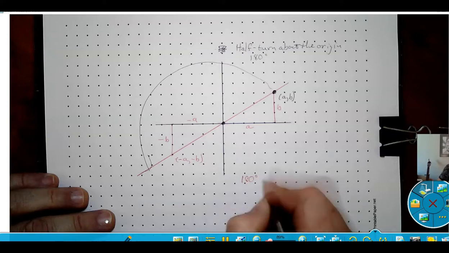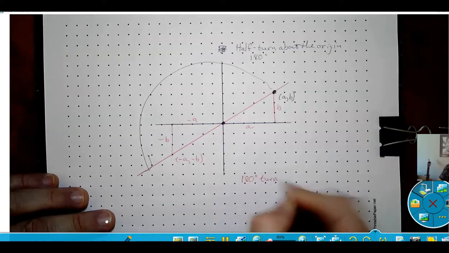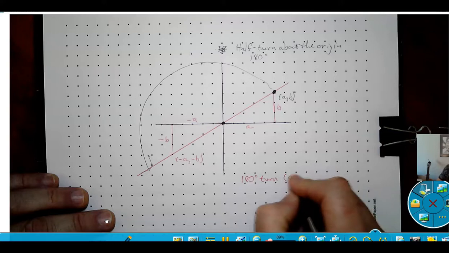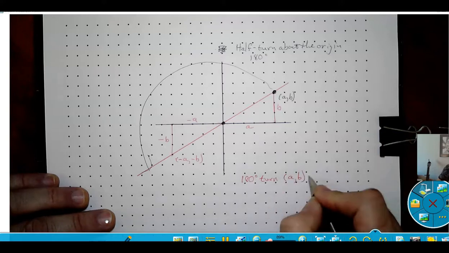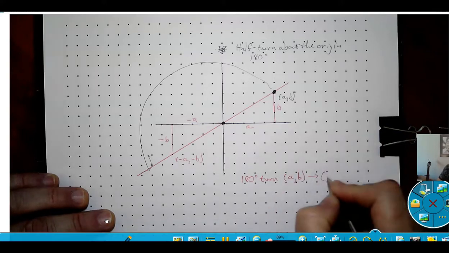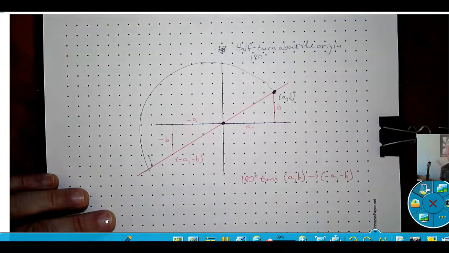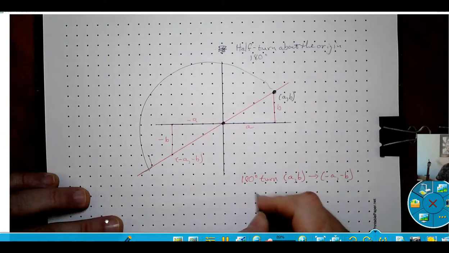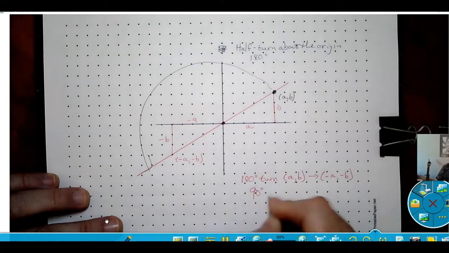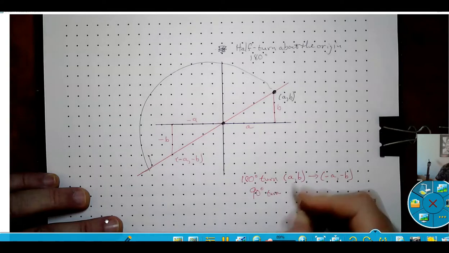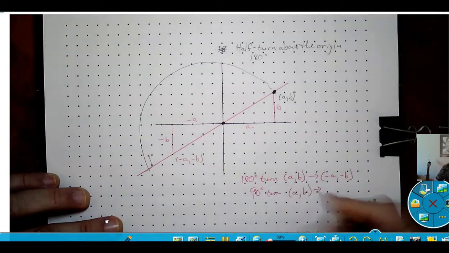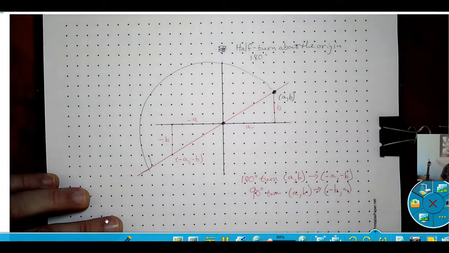A 180-degree turn is the coordinate transformation from A, B to negative A, negative B. All right, so a 90-degree turn goes from A, B to negative B, A, right?